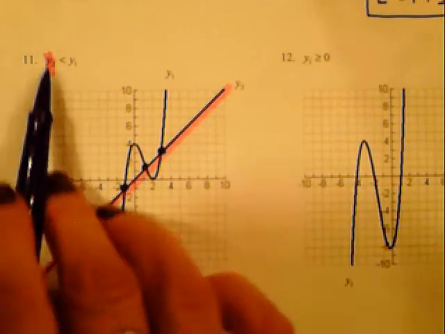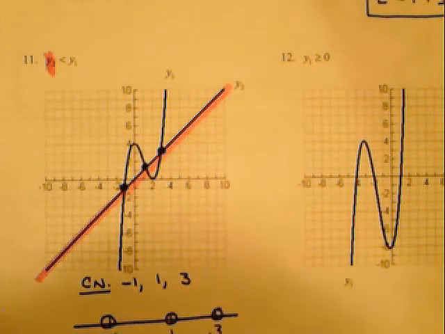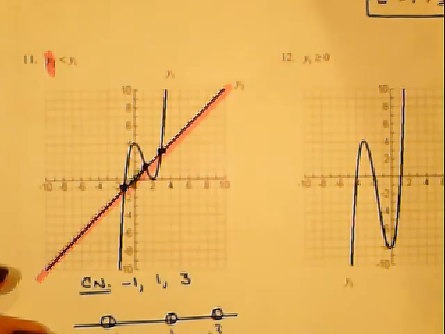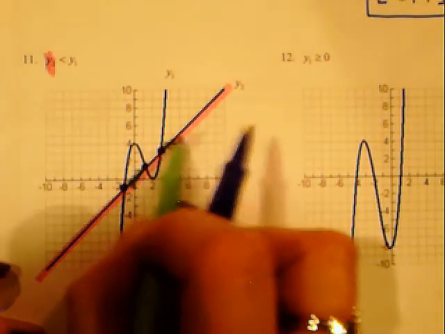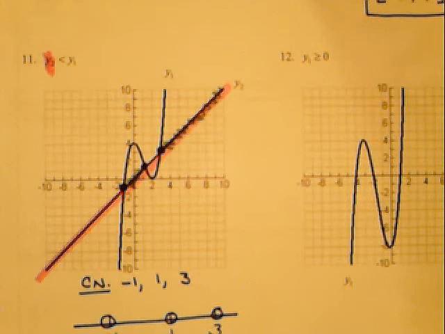So now where is my line less than the cubic function? Notice right here, you can see that the line is below y1. Right here is where the line is below the cubic function.